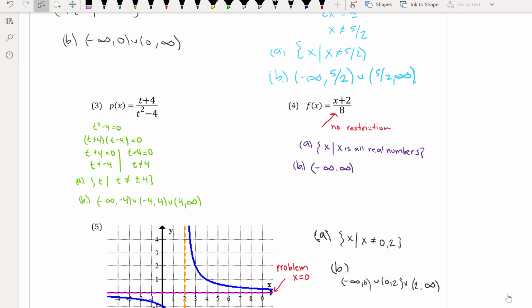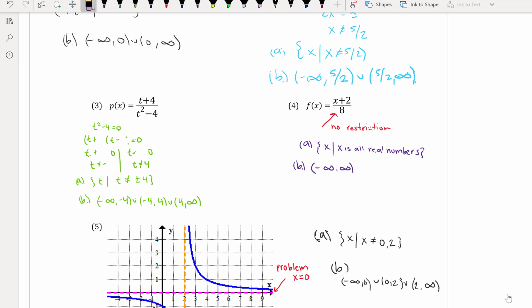For problem number 3, again, I set the denominator equal to 0. Here, it's a difference of squares, so that's the conjugate pairs. Oh, actually, I made a small mistake here, didn't I? So it's good that we are checking this. What is the square root of 4? The square root of 4 should be 2.